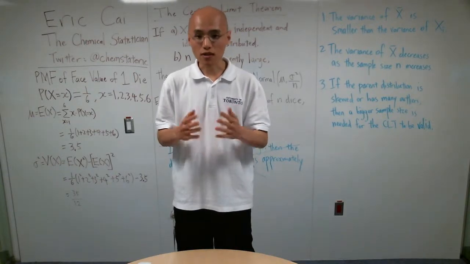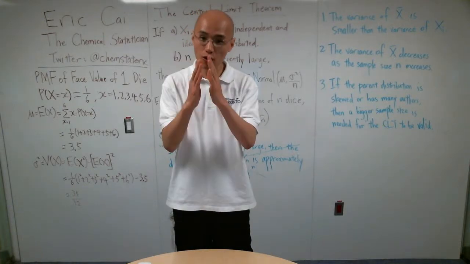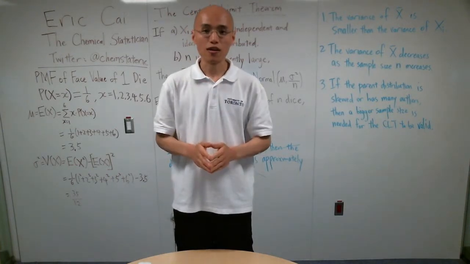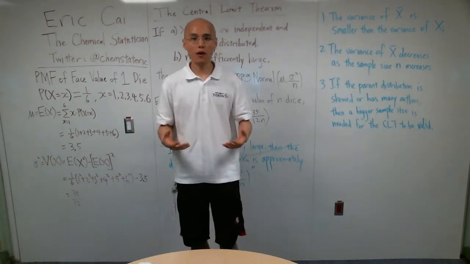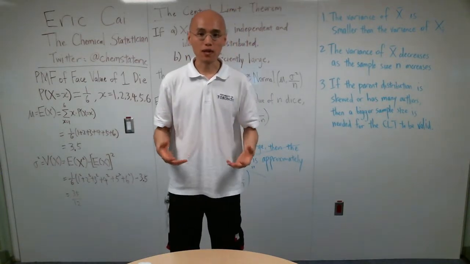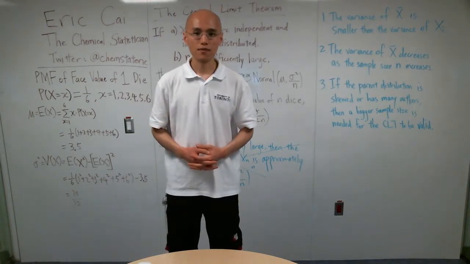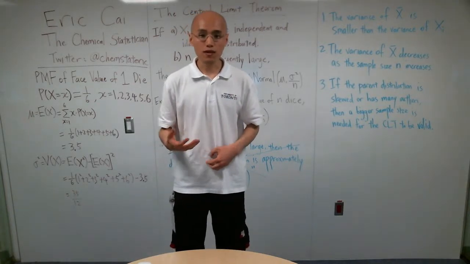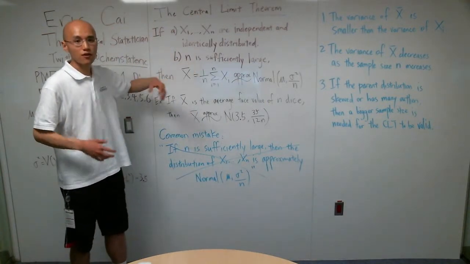And the middle, of course, is the sample mean, or the average. So if you're bunching closer and closer to the middle, then you're less variant. And so that's an intuitive way to think about why the variance of the sample mean decreases as the sample size increases.